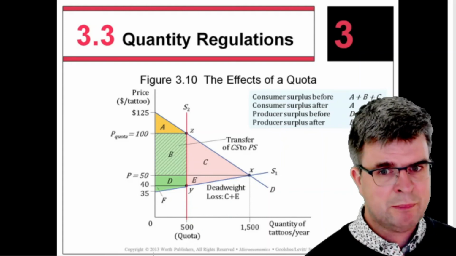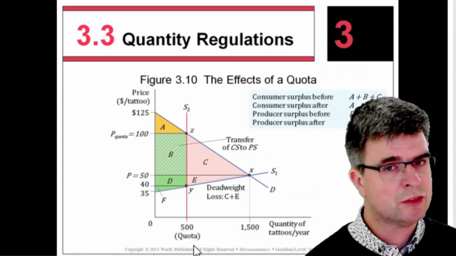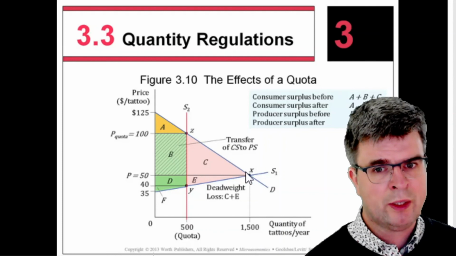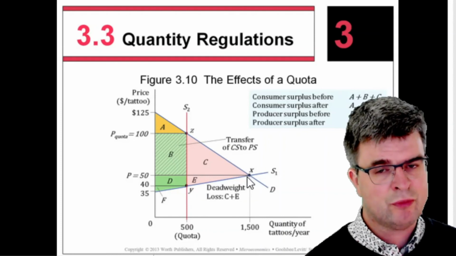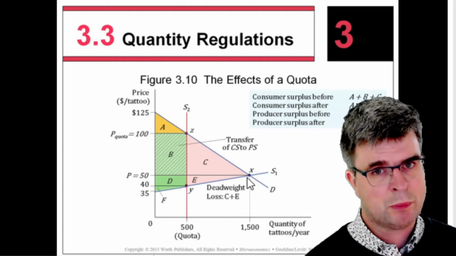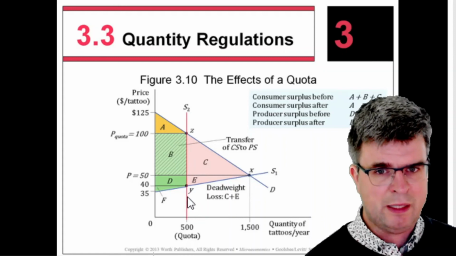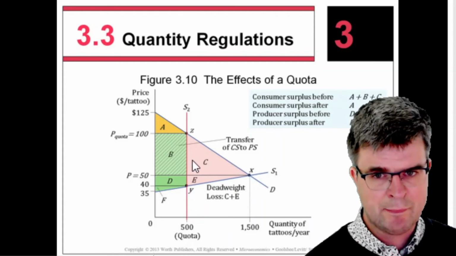So no excess demand or excess supply, but we do have a significant deadweight loss because of the quota, because there are many people who are willing to pay more for a tattoo than the producers actually want for supplying the tattoo, but because of the quota, it cannot be. And we have a deadweight loss equal to the triangle C plus E.